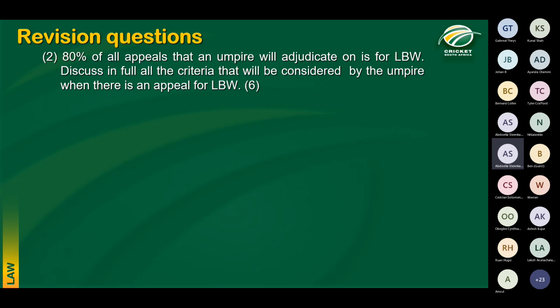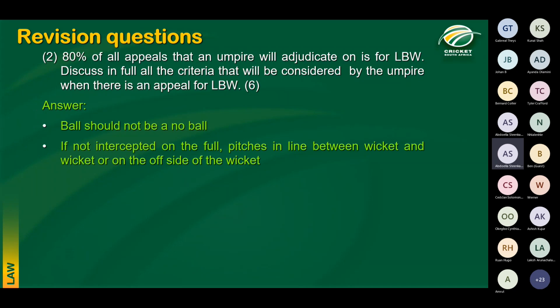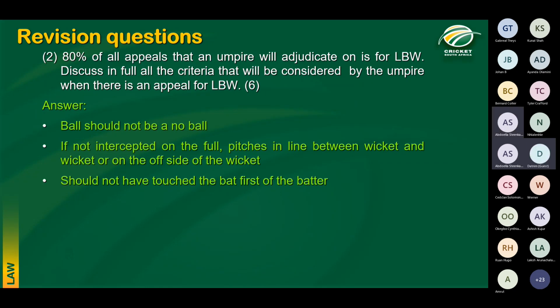Yuan B, next point to consider. The ball should not have made contact with the bat before the ball has hit the pad. Well done. Yes. Next hand I see is Daitram. What is the next point? The ball should make impact in line with the stumps unless he or she does not play a shot.